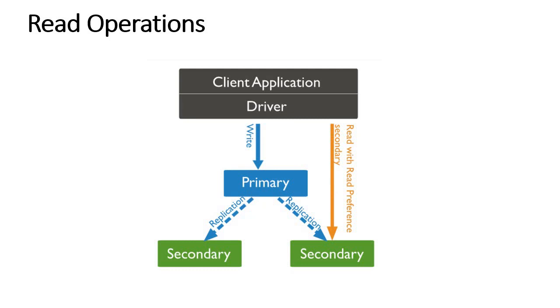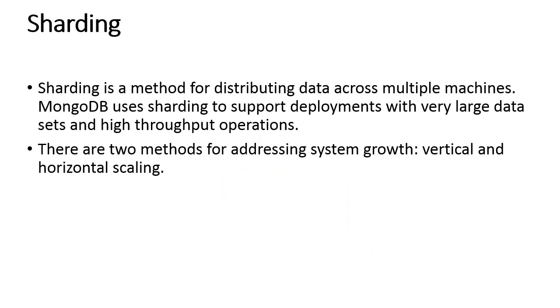In multi-document transactions that contain read operations, you must use the read preference primary. All operations in a given transaction must route through the same member. For the detail, you can go through the study material for the read operations.